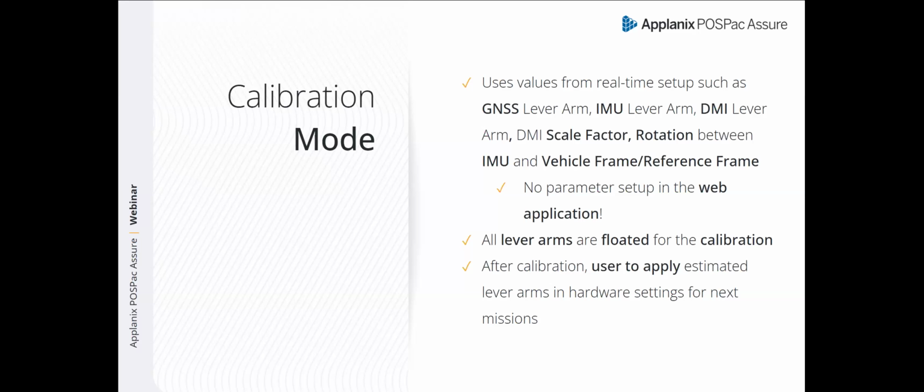So there's no parameter setup in this POSPac Assure web application. That needs to be done on the system before. And this is what we leverage here, POSPac Assure. We'll then float all of these lever arms and calibrate them. So after this process, you'll get back a PDF with the new calibrated values, and you would bring them to the hardware and make the settings there and continue with next missions.